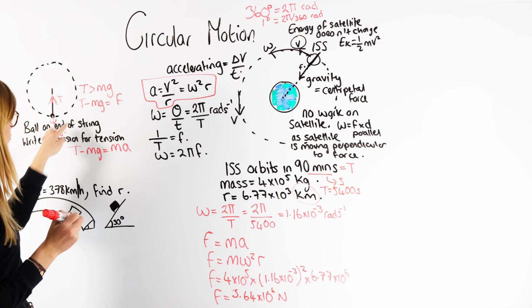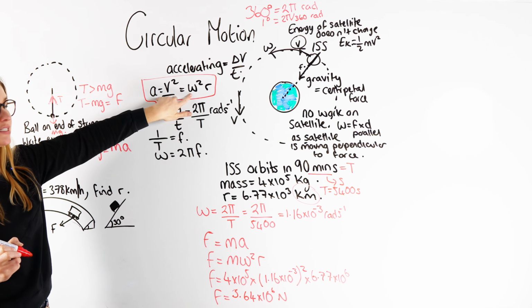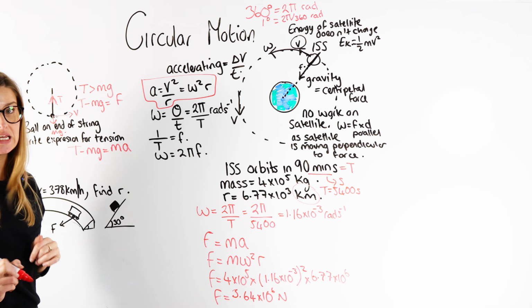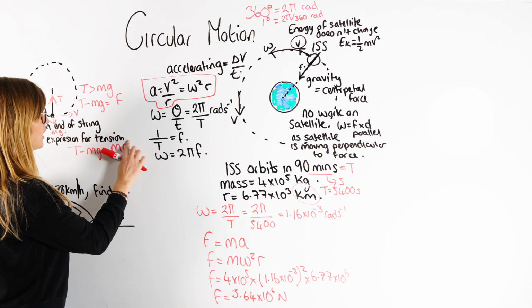Because it's circular motion, we can write the acceleration using the linear speed of the ball as mv squared over r. So an expression for my tension is mv squared over r, the mass of the ball times its linear speed squared, divided by the radius, which in this case is the length of our string. Then we add on the mass of the ball times gravity, which is 9.81.